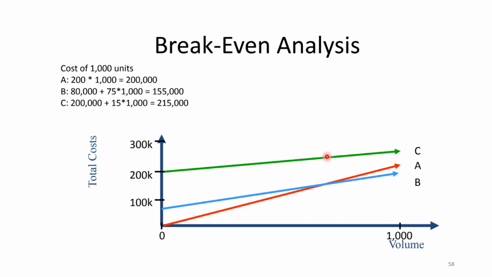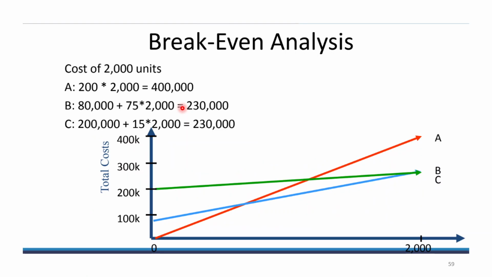In case of C, you will have 2 lakhs as the fixed cost, and 15 as the per unit variable cost, so this will be 2,15,000. Which one will be cheaper, you can figure out by using these equations.